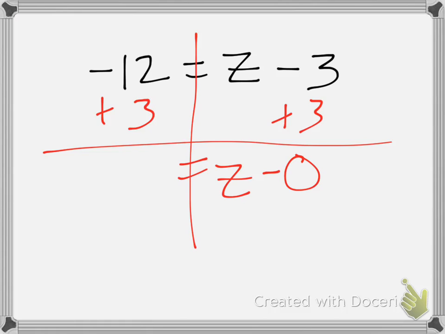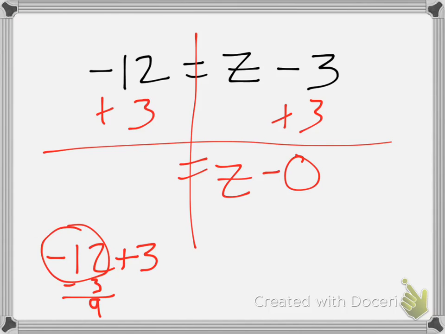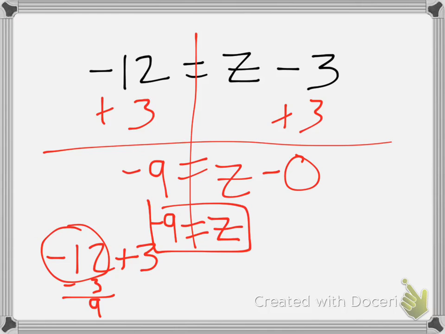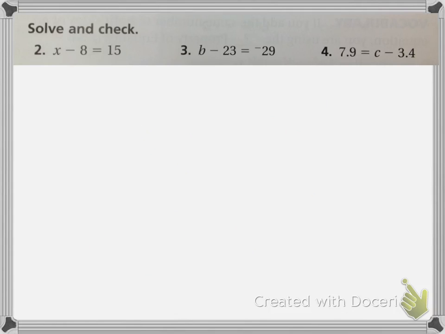So we've got a negative 12 plus 3. We notice that we're adding a positive with a negative, so we're going to circle the larger number, find the difference. 12 minus 3, that's going to give us 9. The answer is going to be negative 9. Z equals negative 9. Okay, if that was confusing, rewind the recording a little bit and watch me do that again.